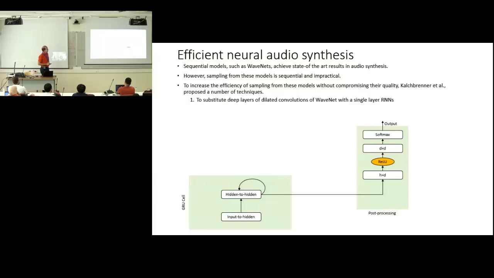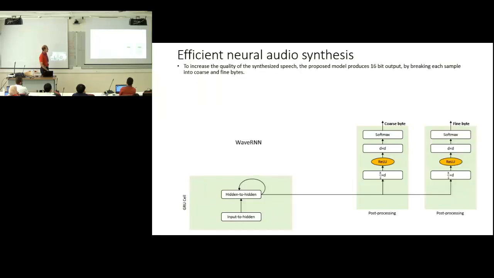However, if we use so many output neurons, then the training of the network becomes unstable. So we cannot have as many output neurons as we want.